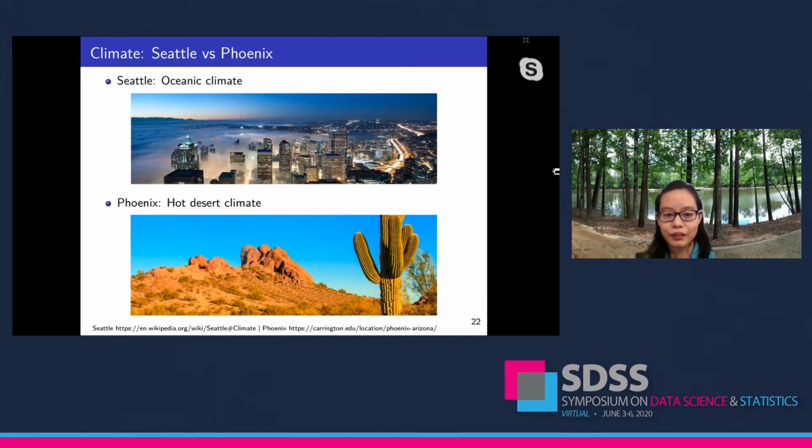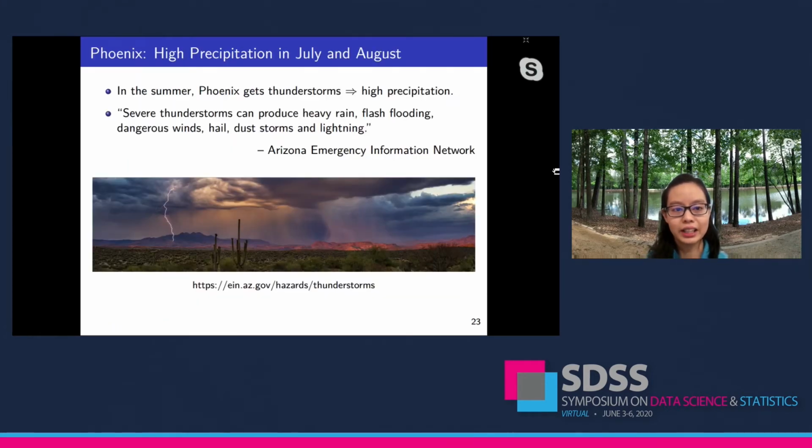So it is very hot, very dry, while summers are extremely hot and winters can be warm. However, sometimes in the summer, Phoenix can get thunderstorms that can produce heavy rain and dangerous winds. So that can produce a lot of precipitation, but it can also be considered a state emergency.